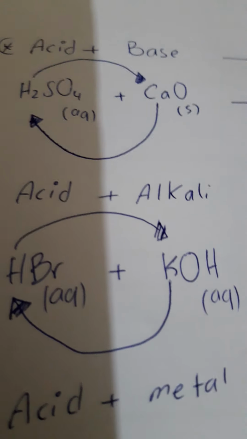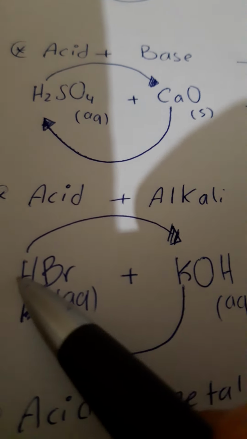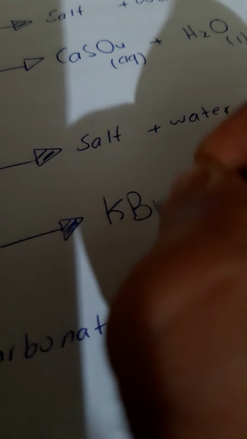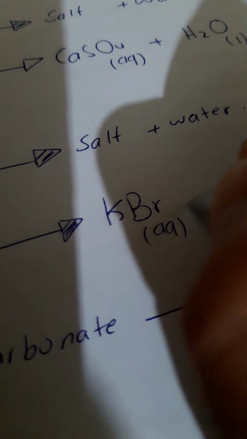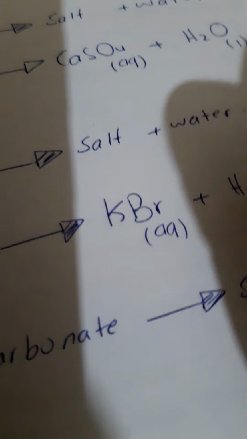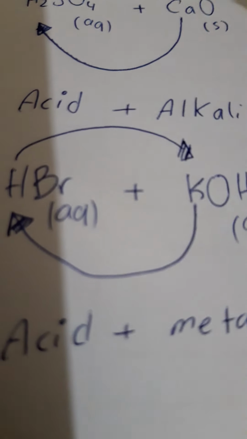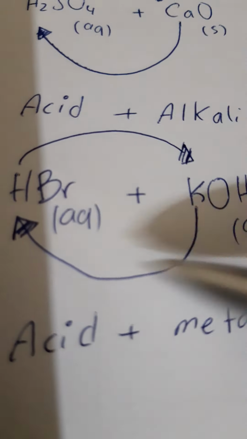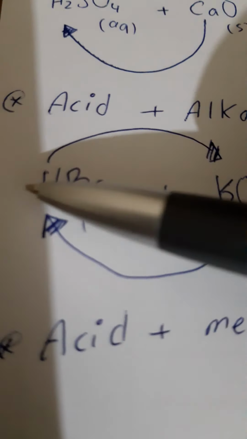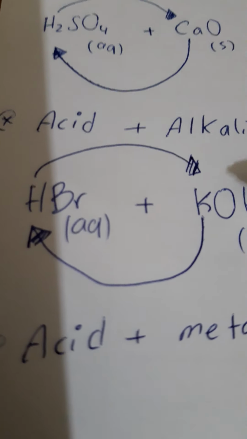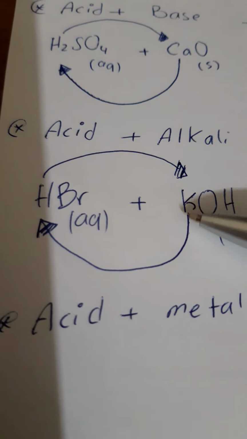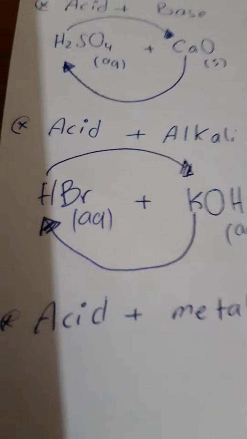So the products would be KBr solution, a salt solution, plus H2O liquid. In a double displacement reaction, guys, the metals or positive ions in general displace each other. Potassium takes the place of hydrogen, and at the same time hydrogen takes the place of potassium to give potassium bromide plus H2O.